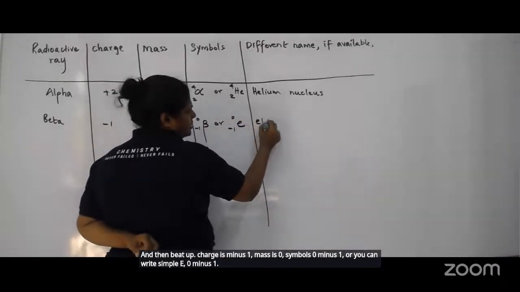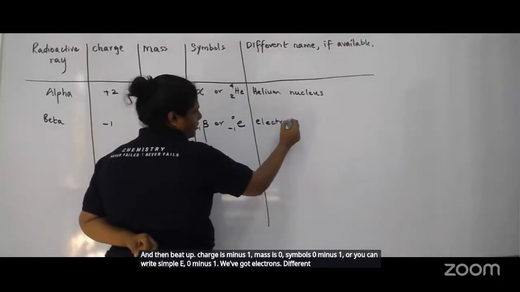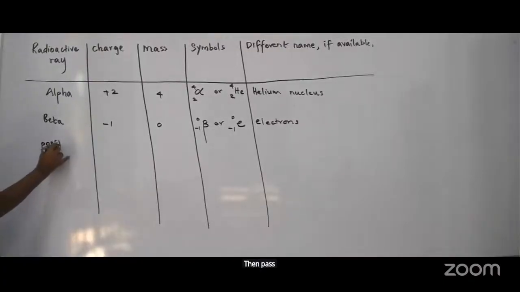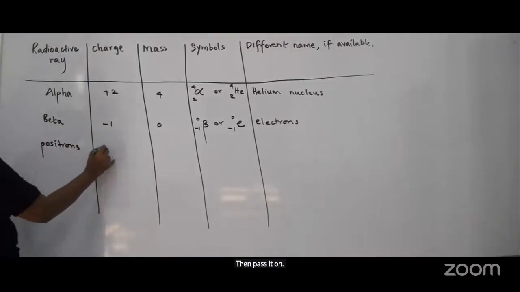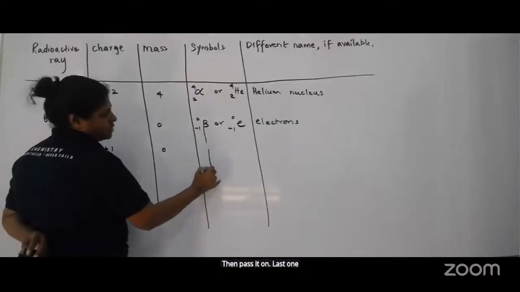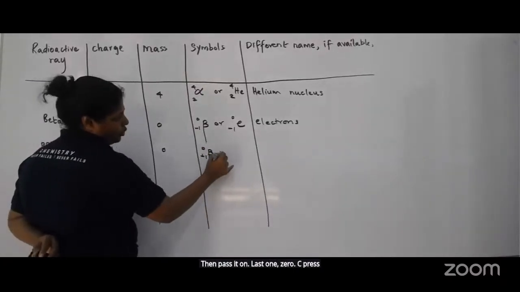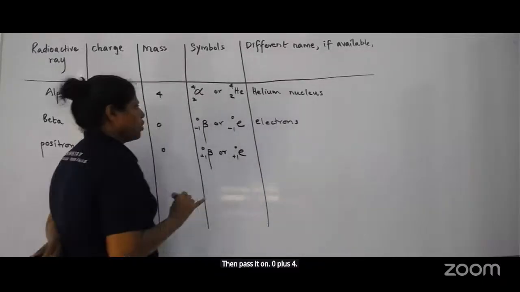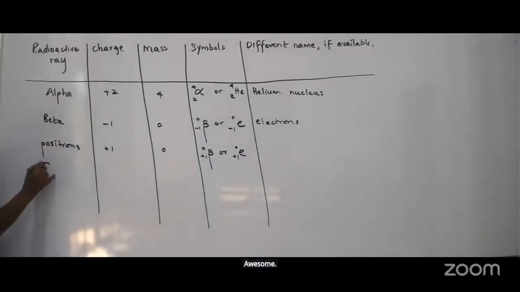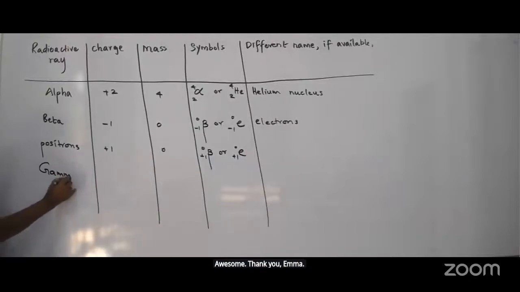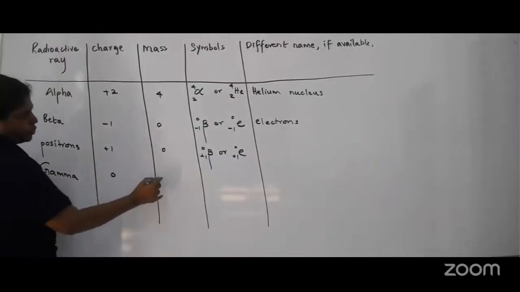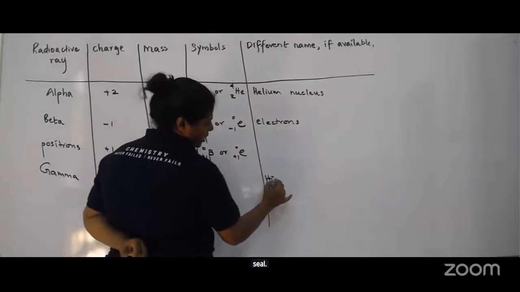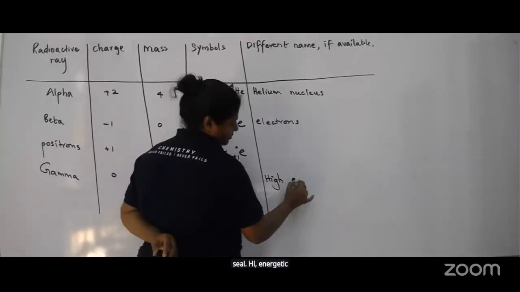We call them electrons. Then positron: +1, 0, or e 0, +1. Positive. Then gamma: 0, 0, high energetic electromagnetic radiation.